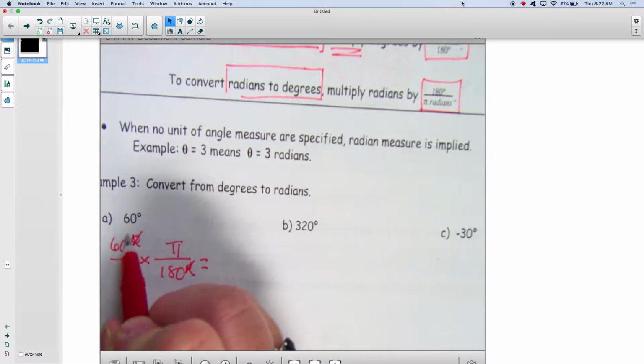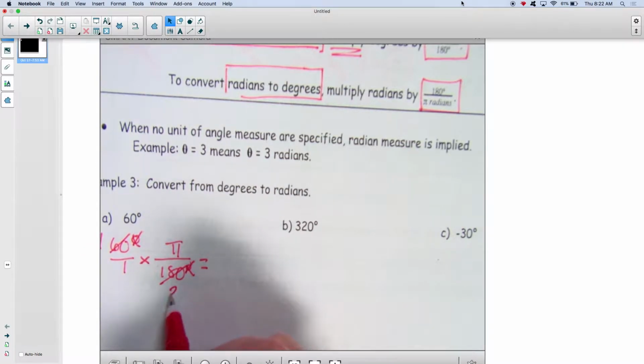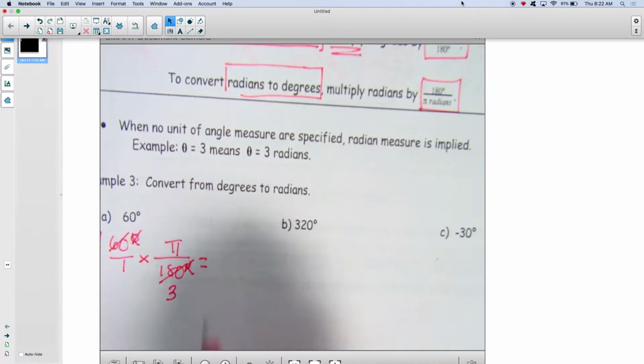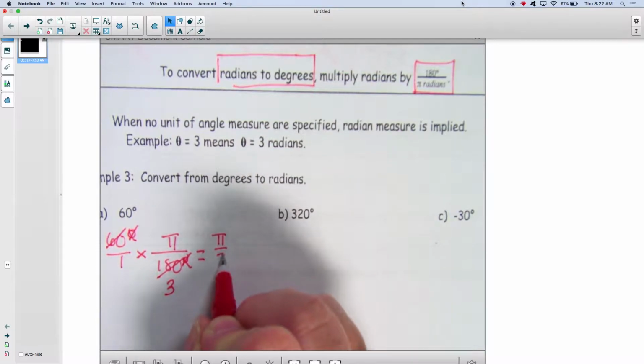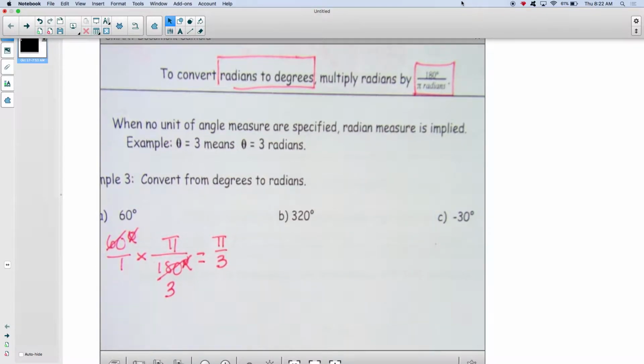And I can divide 60 by 1 and 180 by 60 to get pi over 3. And if you go back and look at that unit circle that we did on Monday, at 60 degrees, we had pi over 3. And again, on your unit circle test tomorrow, you will not have time to do all these conversions.